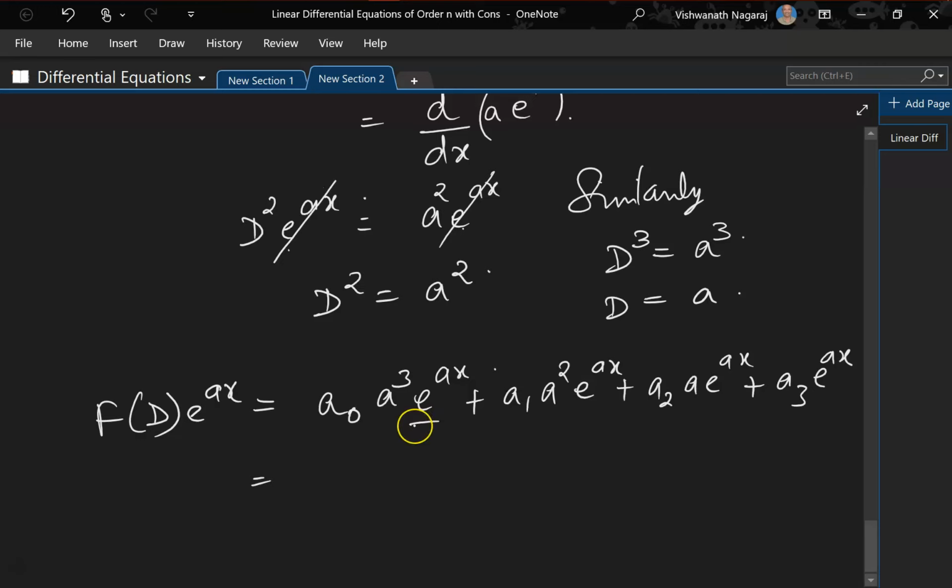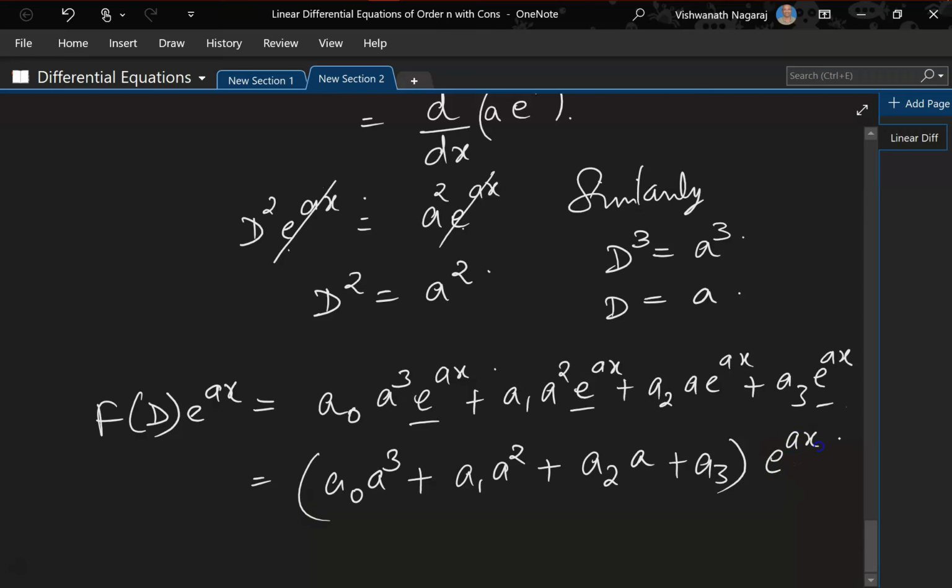Here if you notice, e^(ax) is common again, so we can take it out: a0 a cubed plus a1 a squared plus a2 a plus a3, times e^(ax).